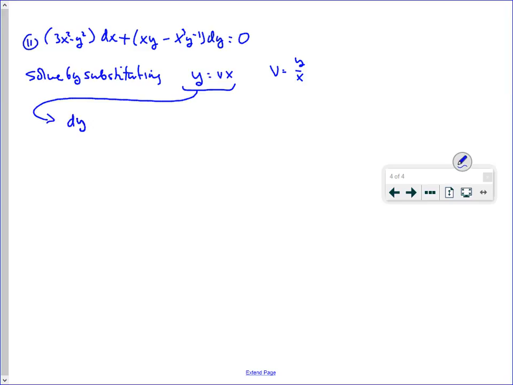So dy dx then will be x times the derivative of v with respect to x. It's an ordinary derivative. You don't care here. Plus v times the derivative of x. So I'll just call that v.